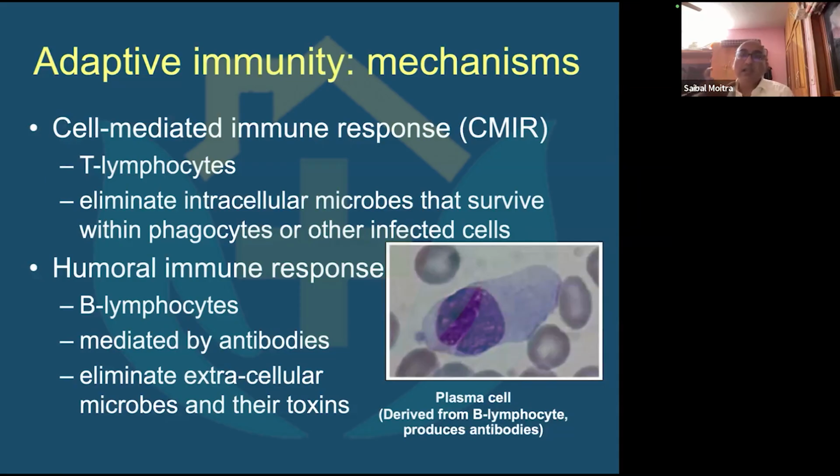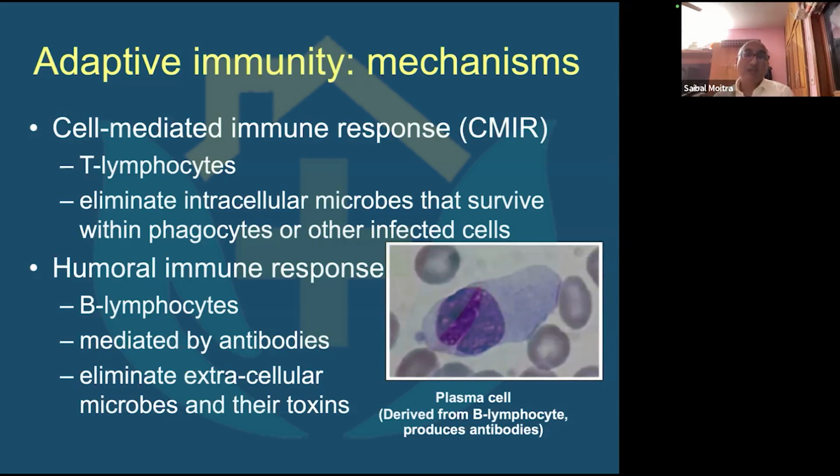Why? Because they identify certain patterns in the microorganisms which are present only in the microorganisms and not in us, and these molecular patterns are very important for the survival of the microorganisms. And what are these patterns? In bacteria, it could be the peptidoglycans, the teichoic acids, the flagellins.